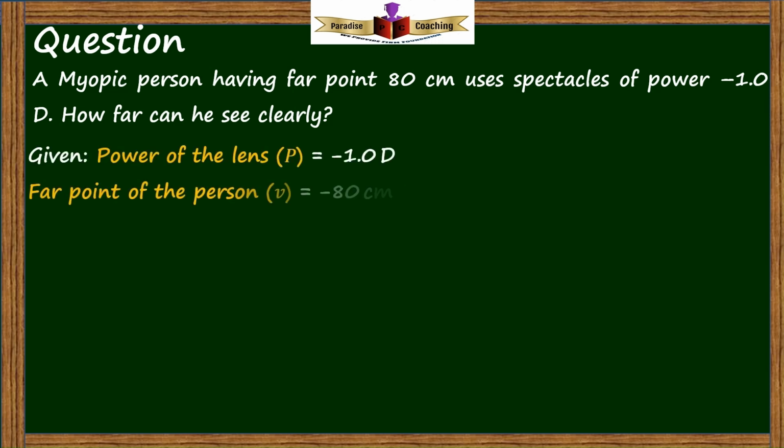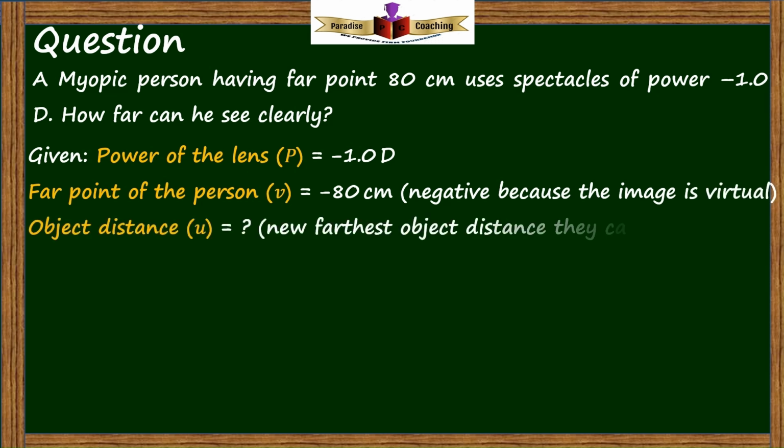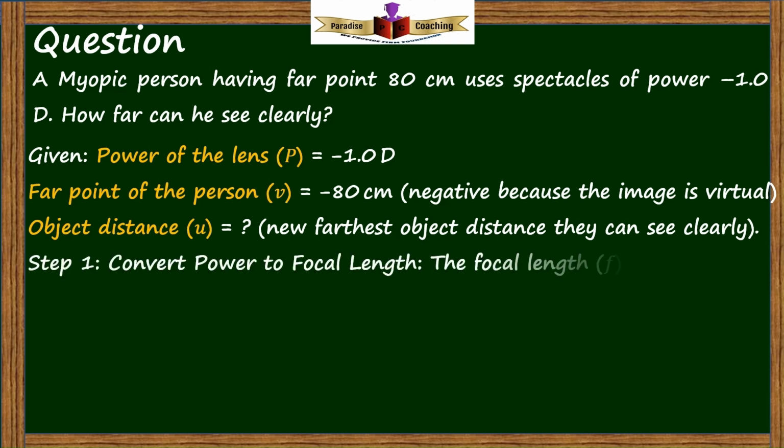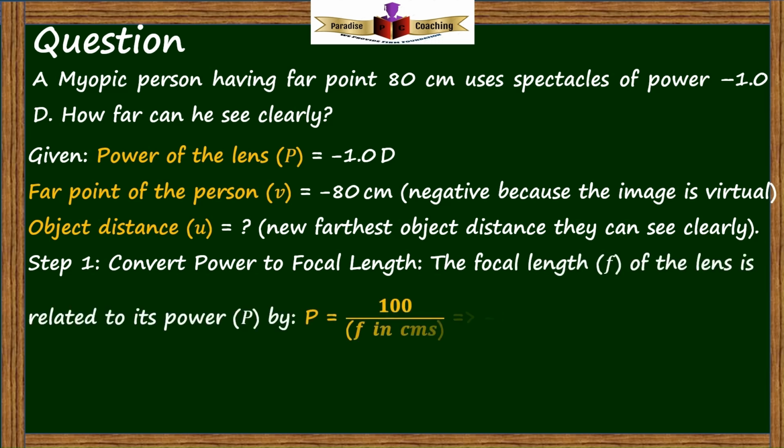Given power of the lens equals minus 1.0 diopter. Far point of the person V equals minus 80 centimeters, negative because the image is virtual. Object distance U equals the new farthest object distance they can see clearly. From the given power of lens, let's calculate the focal length F as minus 100 centimeters.